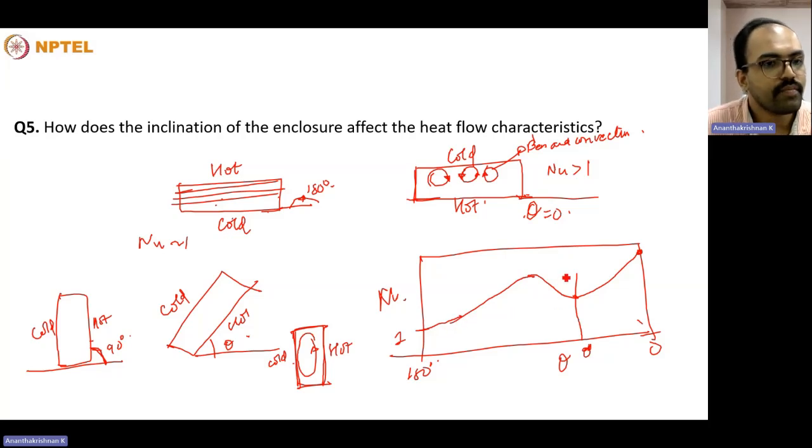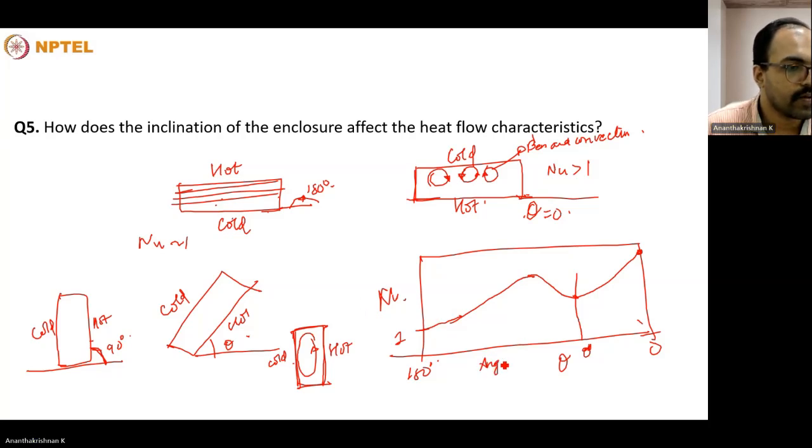As you could see from the figure of the Nusselt number variation with respect to the angle of inclination, theta equal to 0 is when the hot wall is at the bottom and the cold wall is at the top. We can expect a Bernard convection when the Rayleigh number is greater than the critical Rayleigh number.